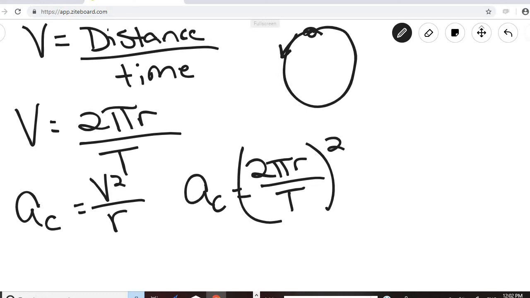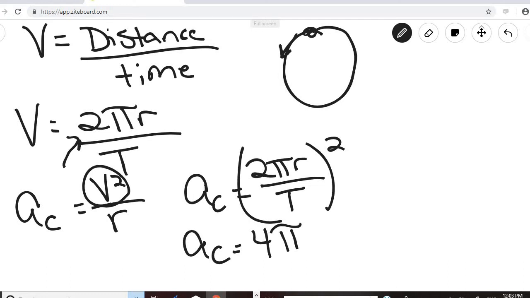Okay, so all I did here was just replace these v squareds with this, because we said that is what v equals. So then if we go ahead and square this whole thing, we end up with centripetal acceleration equal to 4 pi squared r divided by t squared. Okay, because this r will cancel when we square that whole thing.